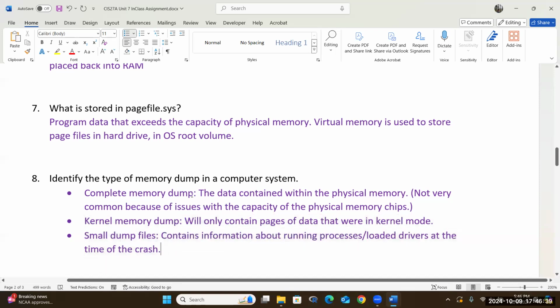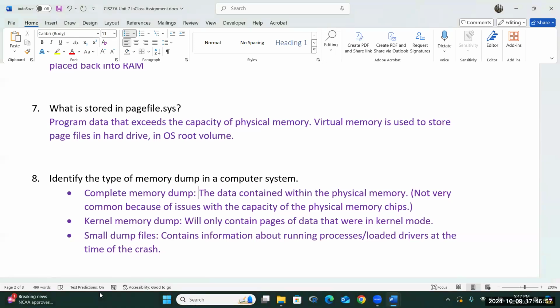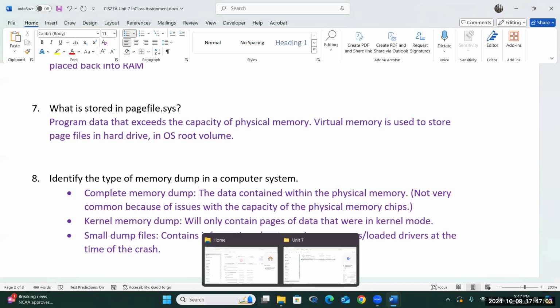But if you want to obtain the complete memory dump, then you would be able to pull that. There is technology or software that will be able to analyze specific things from the memory. Any questions with memory dump? Okay.